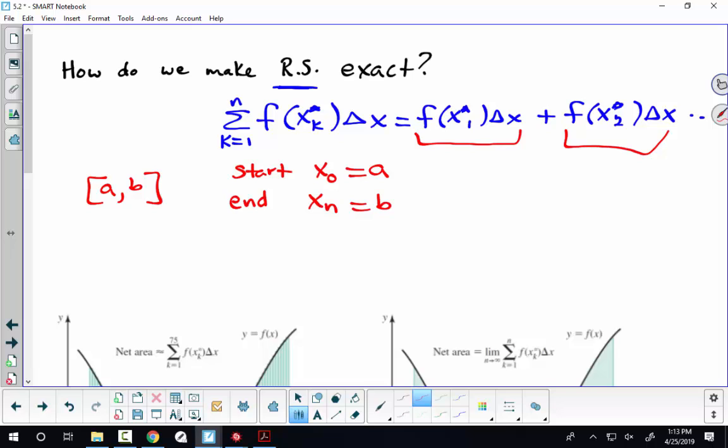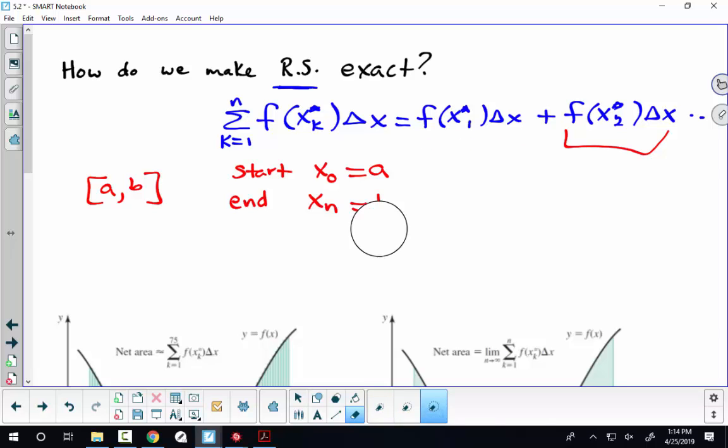So f of x star and delta x have to be a length times a width, because it's the area of a rectangle. The way we're thinking about it, it's the width of the rectangle times the height of the rectangle. So delta x or f of x star, which one gives us the height of the rectangle? Yeah, f of x star.